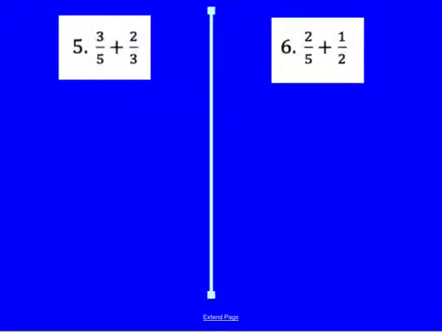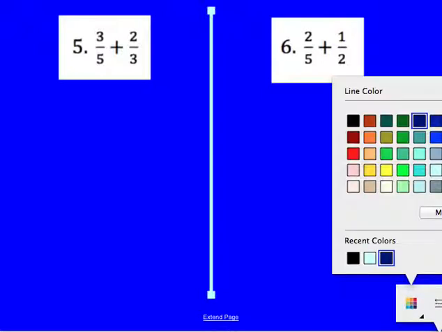Now here's where it can get a little bit tricky. Taking a look at this one right here, we don't have the same number on the bottom, so we need to create that number. I need to think, what's the smallest number that 5 and 3 multiply to? The smallest number that 5 and 3 multiply to is 15.